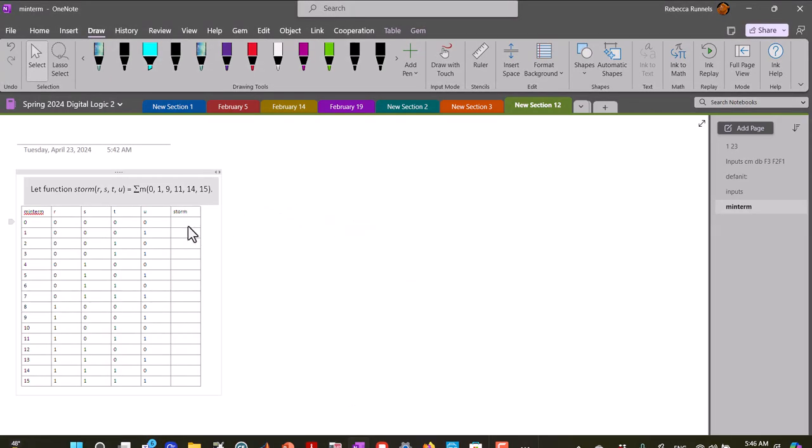Okay. 0, 1, 9, 11, 14, and 15. And so, to make this function, it is the sum of those min-terms.